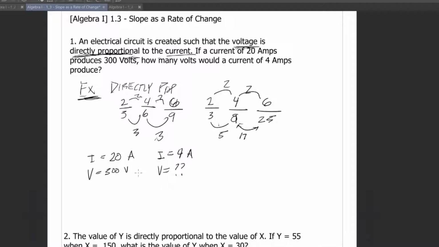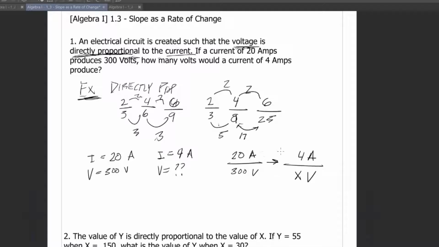So what you can do here, the same way we did apples to oranges up here, we would say in this first step, 20 amps produces 300 volts, and this next step, 4 amps produces X volts. So we're solving for X. What does X equal?